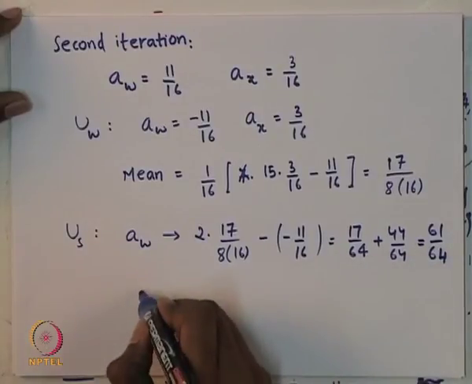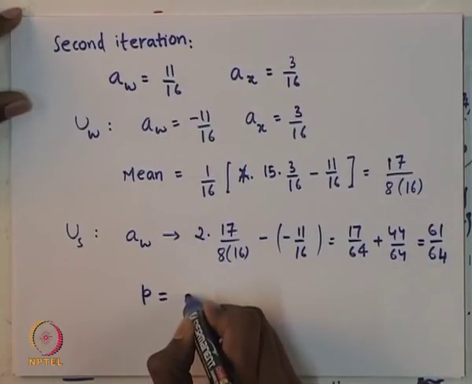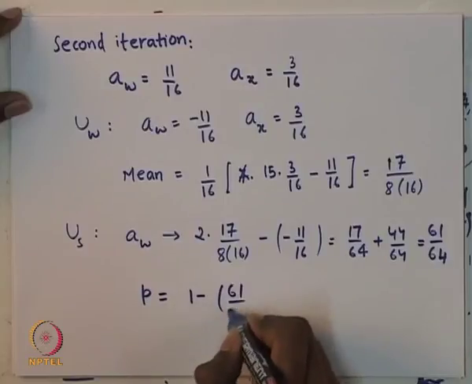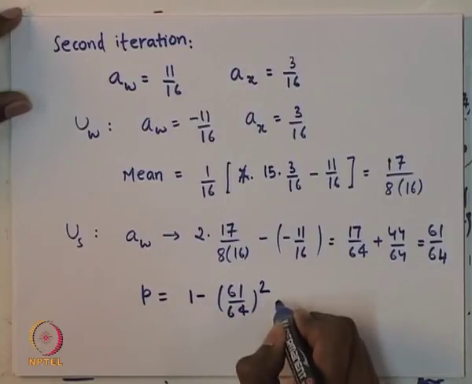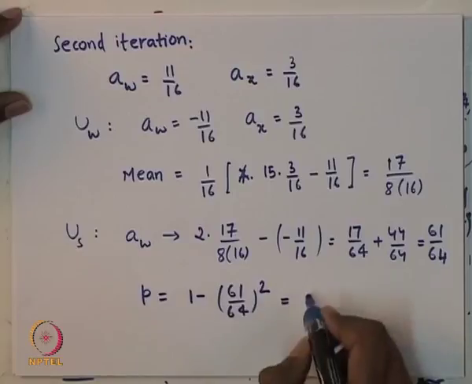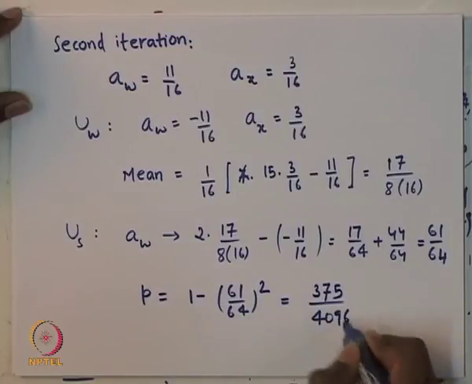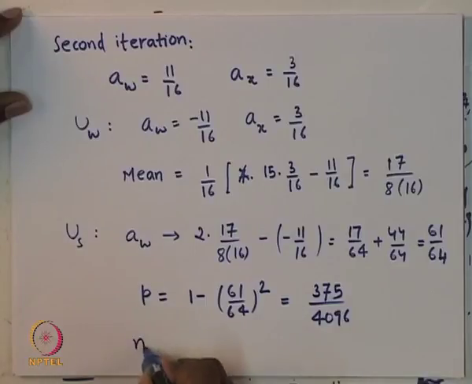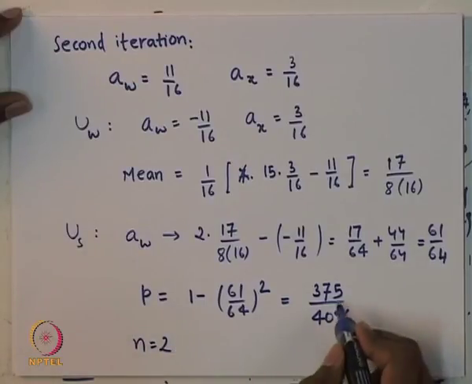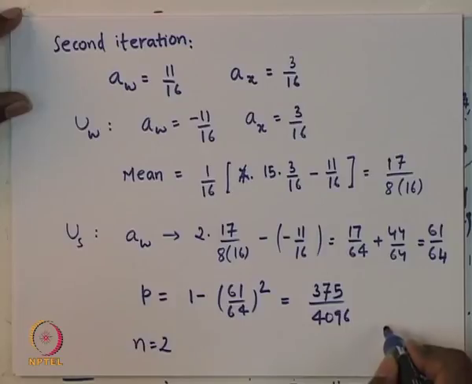So the probability of failure is 1 minus the square of 61 divided by 64. Calculating this, we obtain the answer as 375 divided by 4096. So for n equal to 2, we obtain p equal to 375 divided by 4096. So option B is also correct.